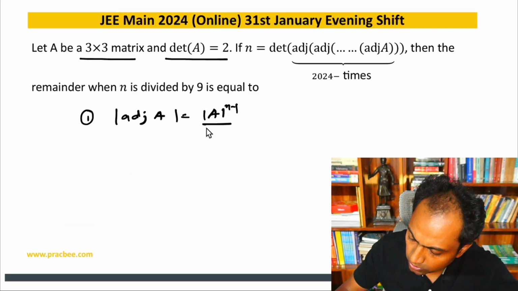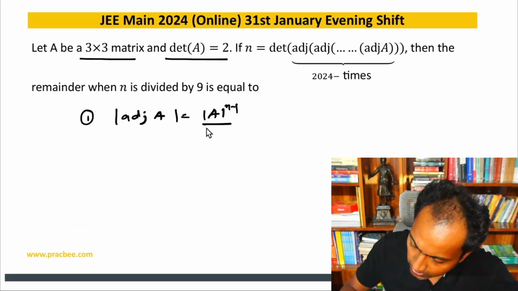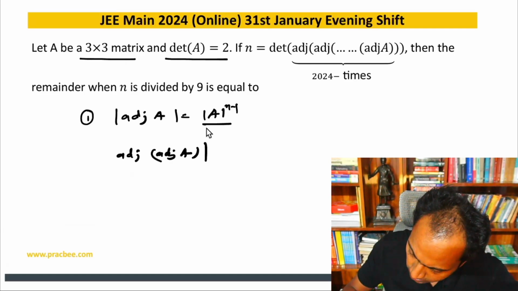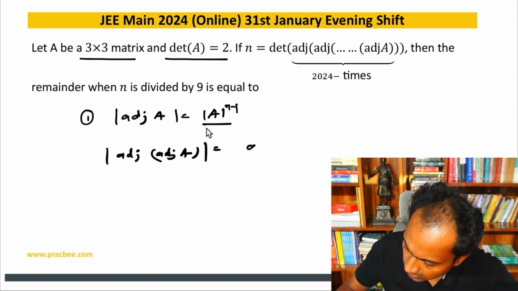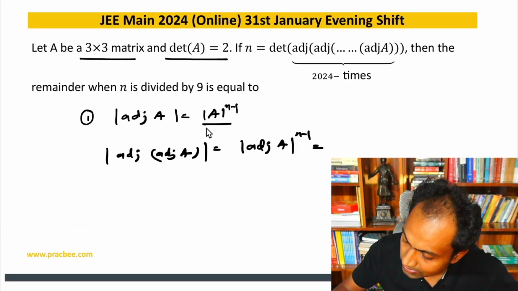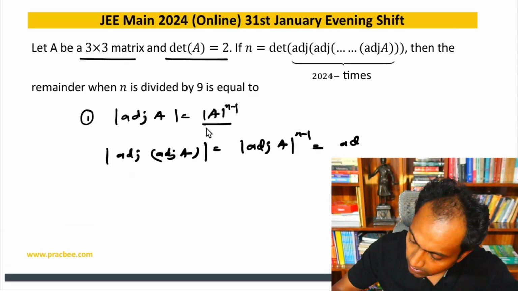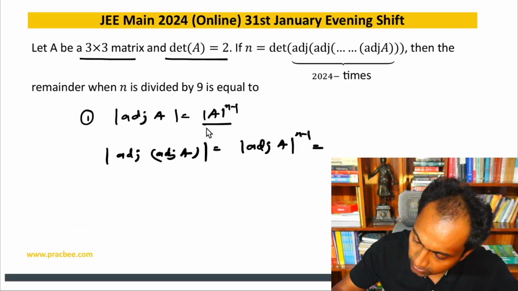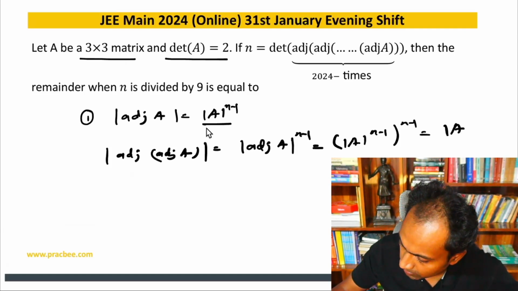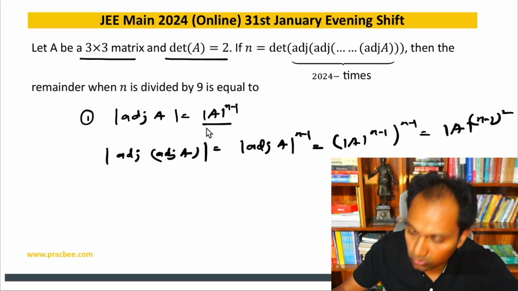If you apply adjoint once, it will generate n minus 1 in the power, and if you do it twice, in place of A we write adjoint of A raised to the power n minus 1. As a result, in terms of A, this becomes determinant of A raised to the power n minus 1, then we have another n minus 1 in the power, so this becomes determinant of A raised to the power n minus 1 whole square.